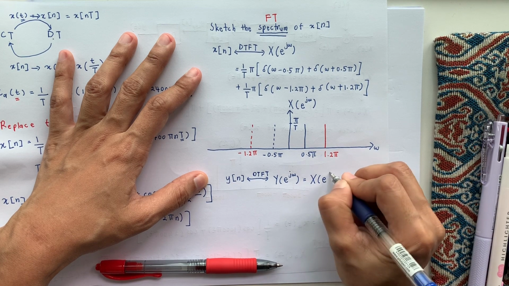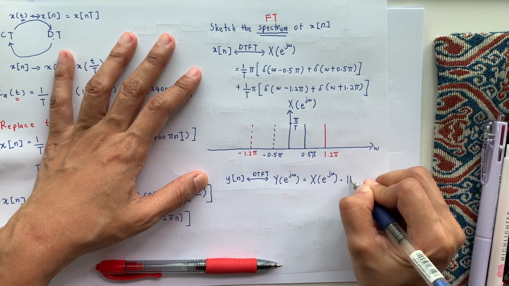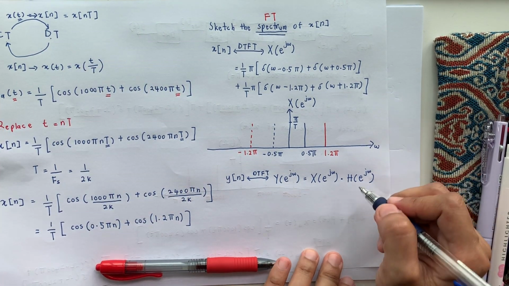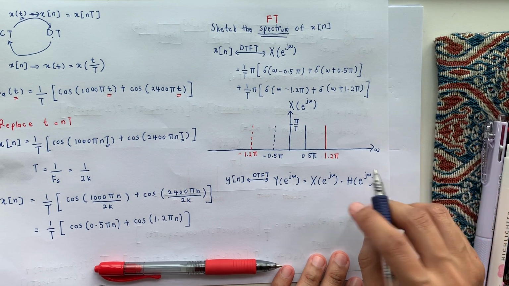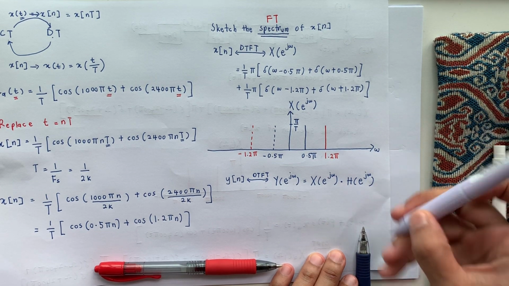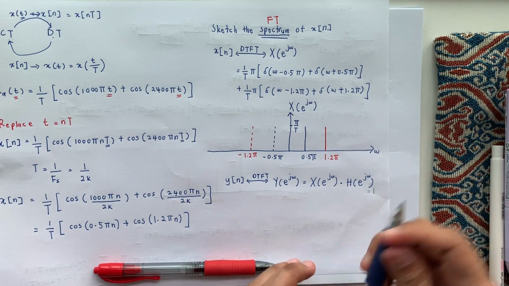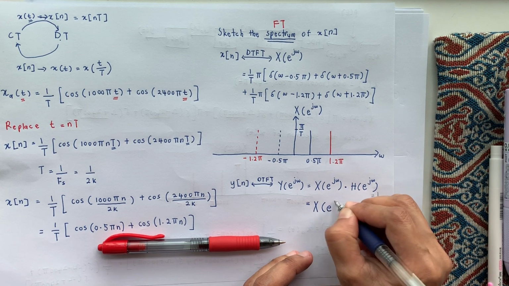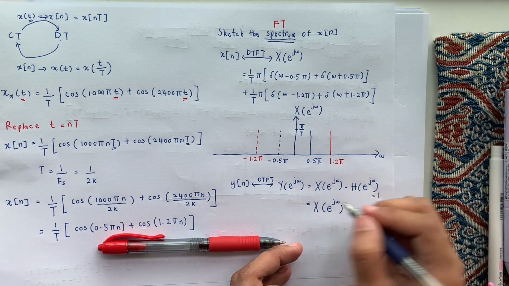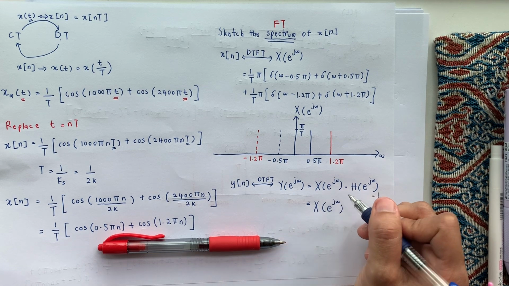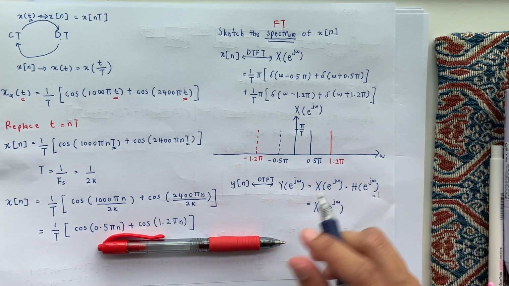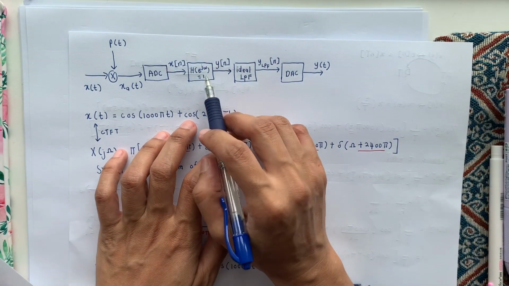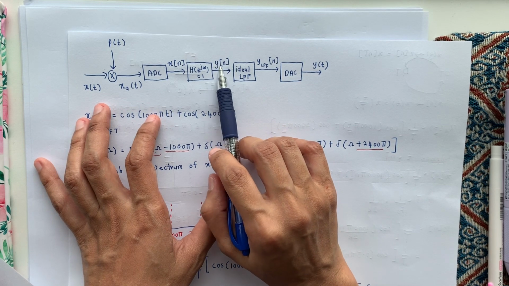It is X(e^jω) times H(e^jω). From the question, we know that H(e^jω) is equal to 1. So basically you know that Y(e^jω) is equal to X(e^jω).